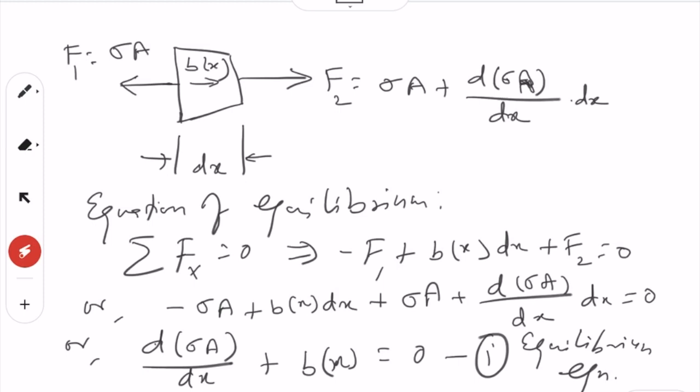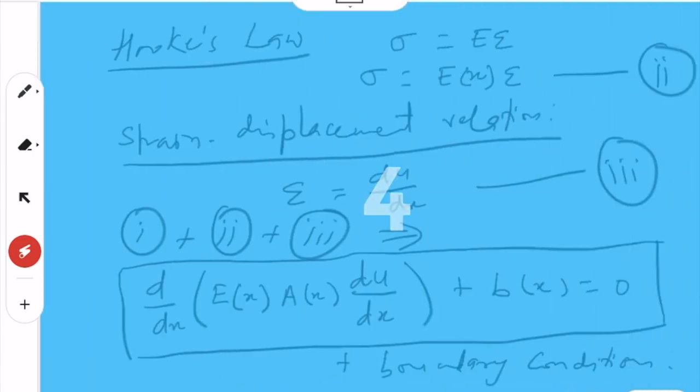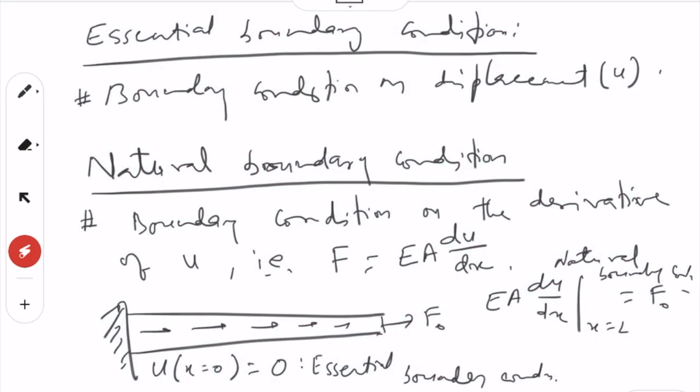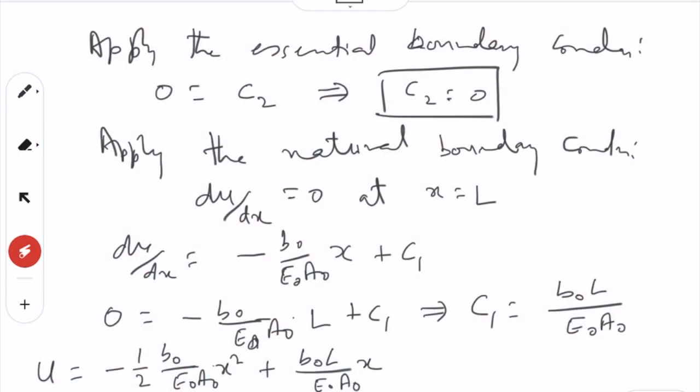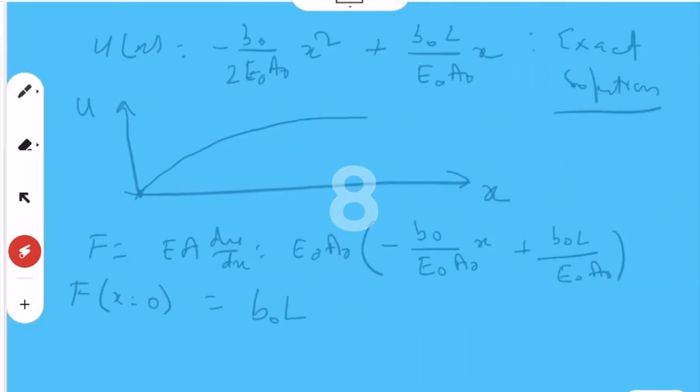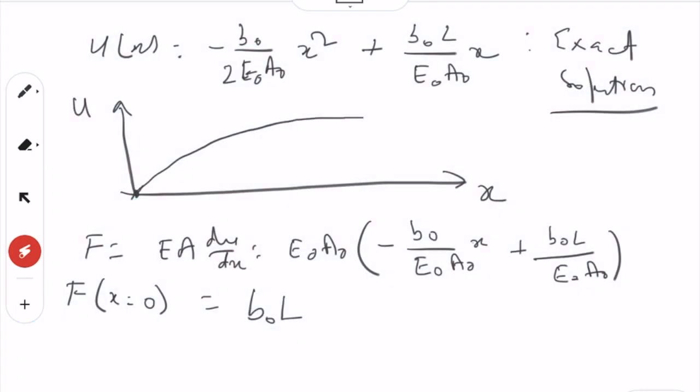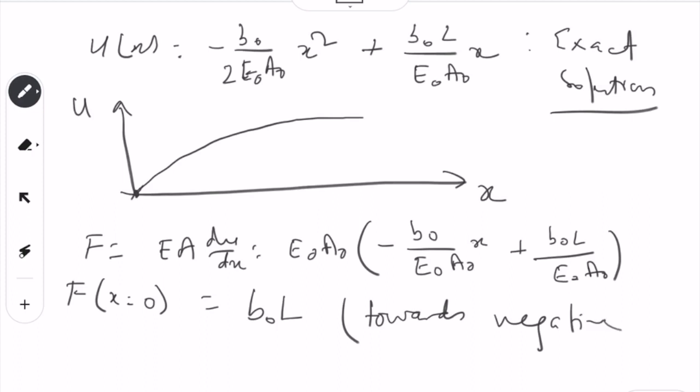If you are assuming all the forces to be in this direction, then at this end a positive value will indicate a force in the negative x direction. Negative or positive, you always have to relate to your derivation, what you assumed to be positive or negative. So, at x equal to 0, if you are getting F equal to B naught L, then you say that the force is directed towards the negative x direction.